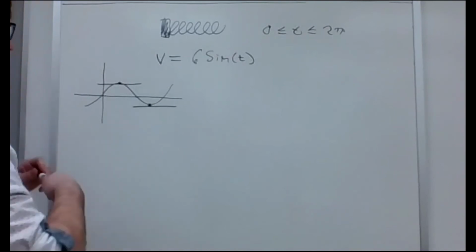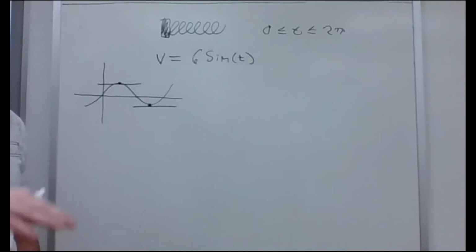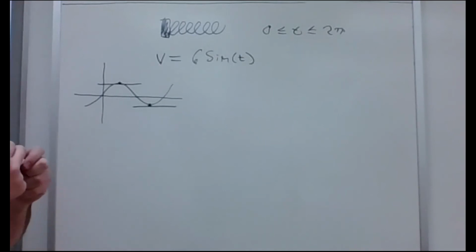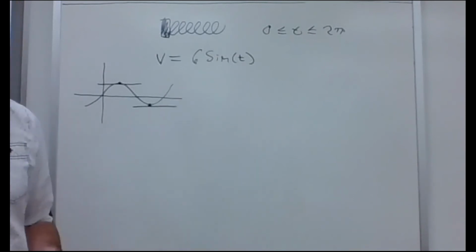When we take a derivative and find where the slope equals 0, we're going to be at a place where it's at a min or max. And we won't know which is which from just finding those points. You could kind of guess on this one since we know what a sine curve looks like.